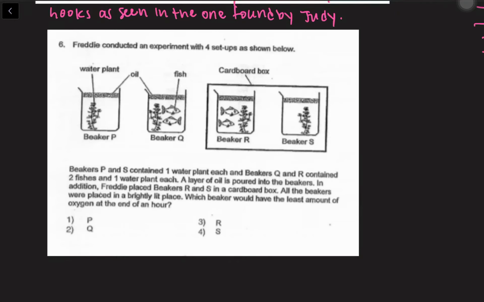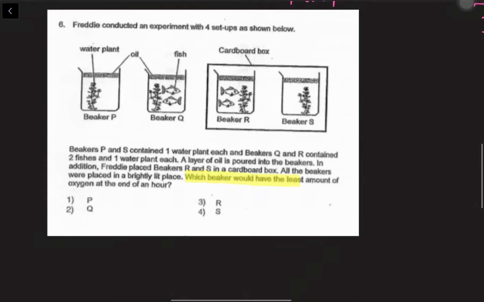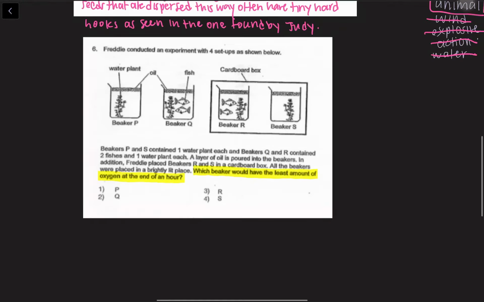This is a very interesting question, so let us take a look at it. So the question is asking us which beaker would have the least amount of oxygen at the end of an hour. Okay, so where have we heard this word oxygen before? So let's do our TKR square. Topic.